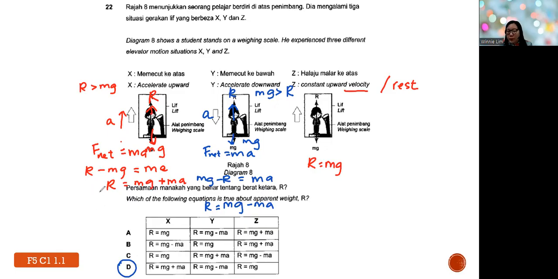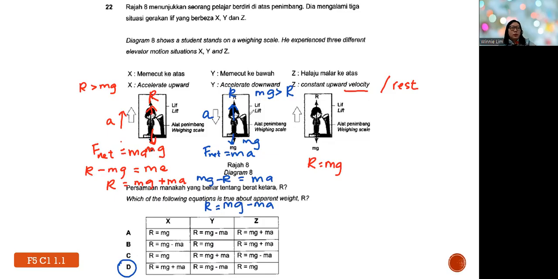Or another way I always tell students, if you are not sure how to form the equation, it can be a bit confusing. An easier way: if you are moving upward with an acceleration, basically you feel heavier, because you are going against gravity. But vice versa, if you are moving downward with an acceleration, then you find it lighter.